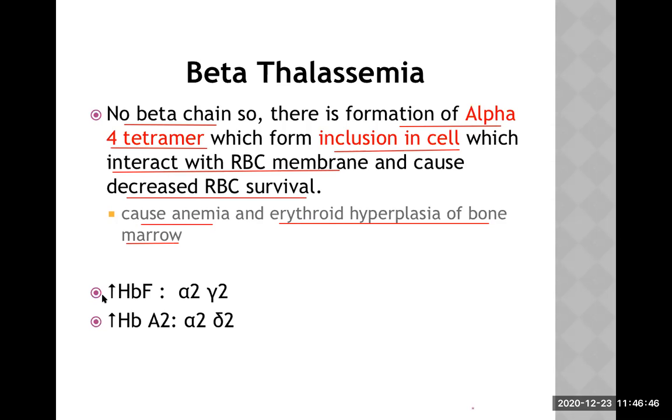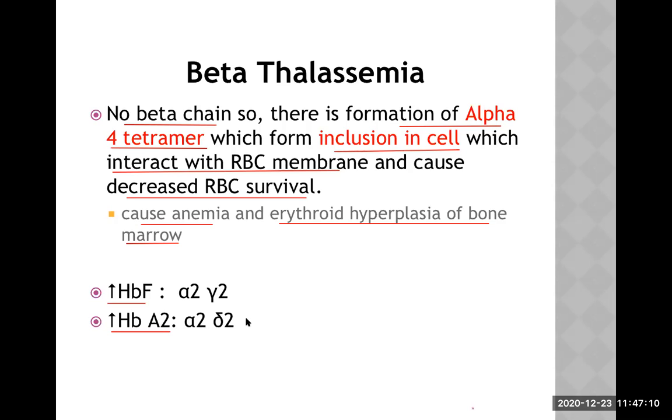Having hemolytic anemia, this is the important feature, erythroid hyperplasia. If you examine for fetal hemoglobin, it is very high. And if you examine for hemoglobin A2, it is also high. So this is the fetal hemoglobin, alpha 2, gamma 2, and this is hemoglobin A2, a type of hemoglobin, alpha 2, delta 2. Now why are these hemoglobins higher? That question must come to your mind.